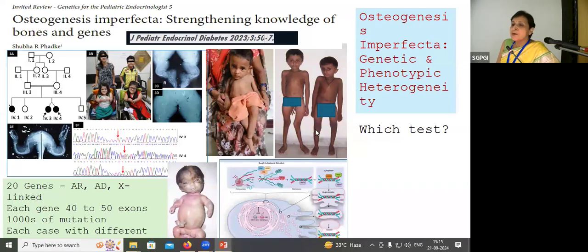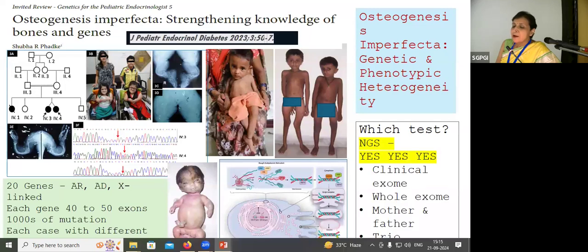So what do you do for this? You cannot make a diagnosis that this osteogenesis imperfecta is because of this particular gene out of those 20 genes. So you have to sequence all 20 genes. And which test will you order now? All of us should unanimously order next generation sequencing testing for such cases.